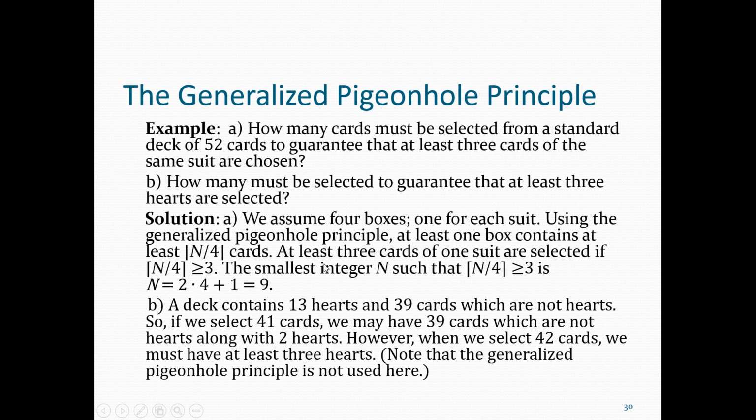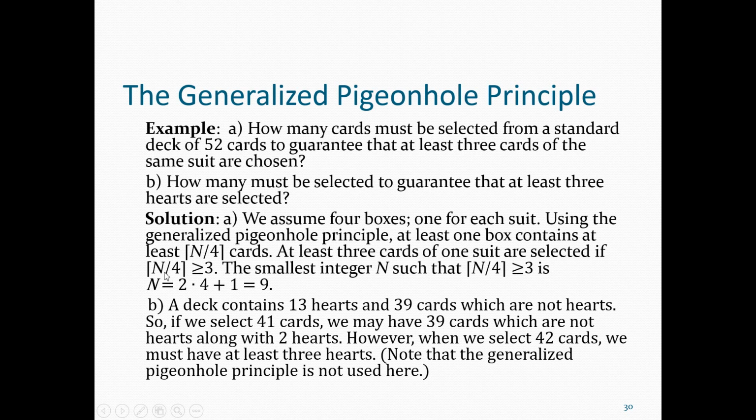So we have to find n such that this condition holds. At least 3 cards of one suit are selected if ceiling function of n by 4 is greater than or equal to 3. The smallest integer n such that this holds is 2 times 4 plus 1, because when n is 8, the ceiling function is equal to 2.